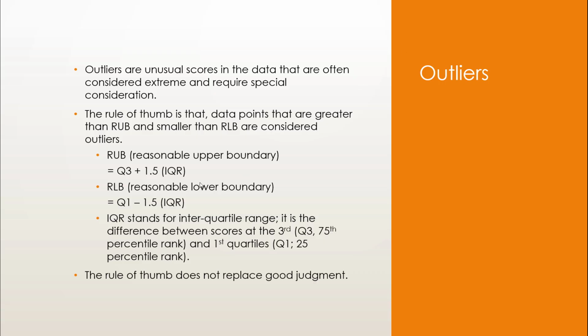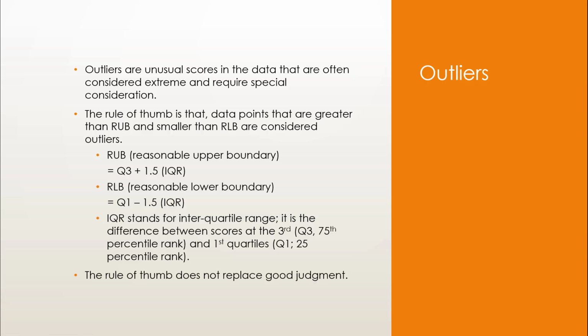For example, if the 25th percentile score is 50 and the 75th percentile score is 70, the interquartile range is 70 minus 50 equals 20. The upper boundary is 70 plus 1.5 times 20 equals 100. The lower boundary is 50 minus 1.5 times 20 equals 20.